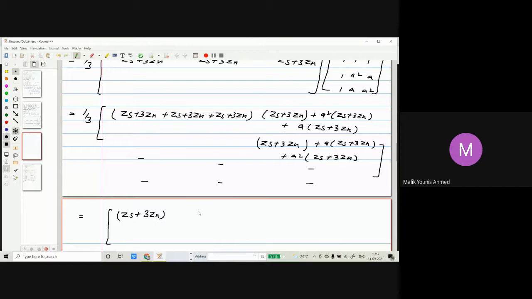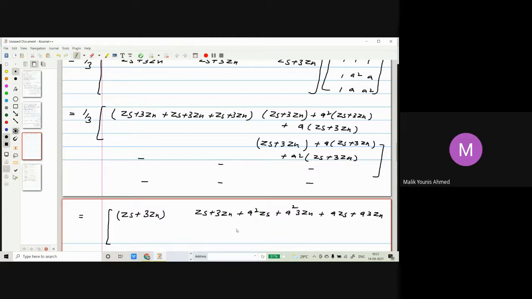Zs plus 3Zn plus A square Zs plus A square 3Zn plus AZs plus A 3Zn.